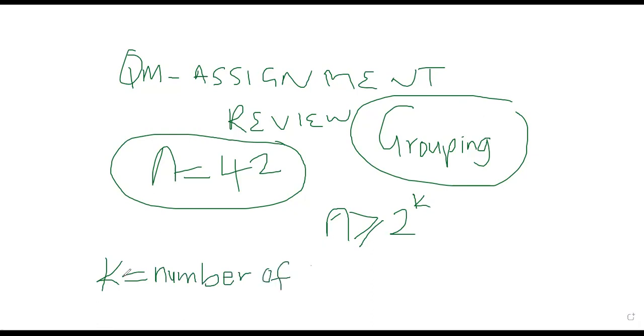So we need to find the value of k that first exceeds n. Our n is 42. So n greater or equal to 2 to the power k, and we should find the value of k that will first exceed 42.